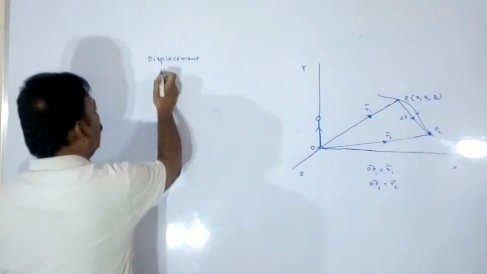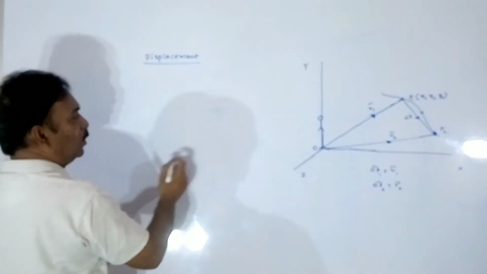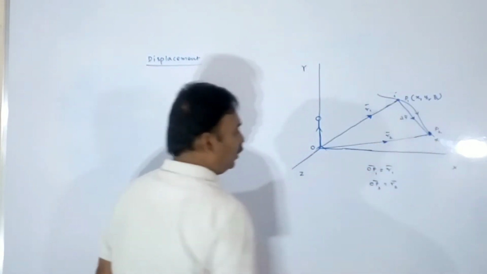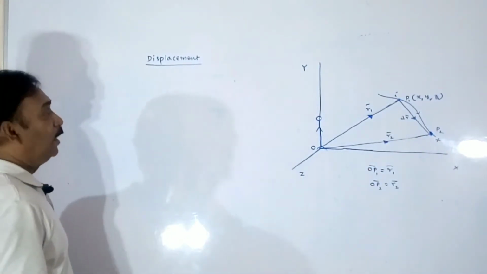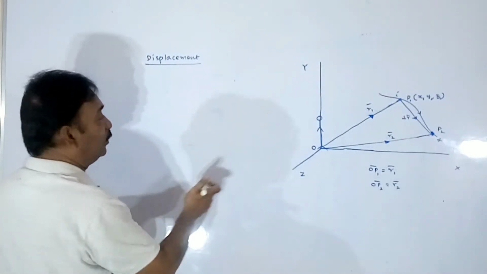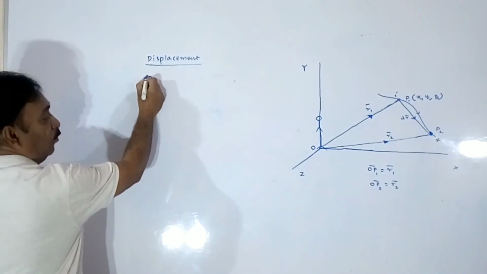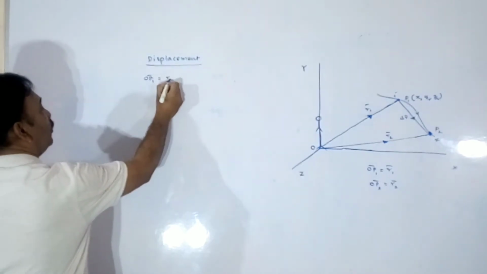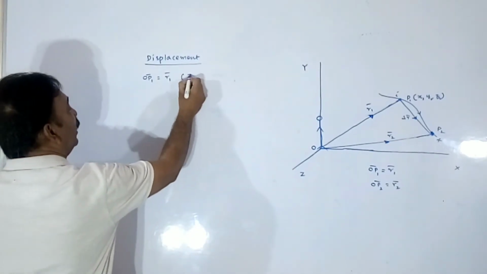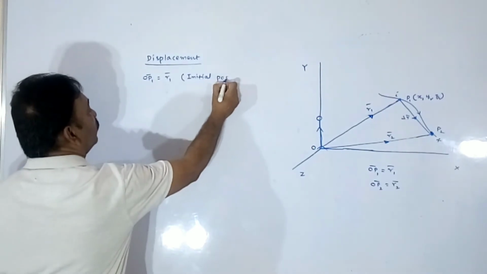Understanding me? Here we have to find out the displacement by using this. If you watch keenly, you will observe that we have the initial position and the final position of the particle. Okay, the initial position is P1, and the position vector OP1 is equal to R1 bar. It is the initial position vector.